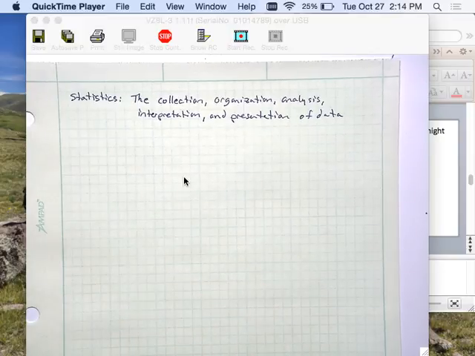So, collecting data is often the straightforward part, right? You go into a lab, maybe you have to set up a complicated thing, or maybe it's pretty easy to get data. If you're taking temperature data, pretty straightforward. The difficult part is how do you find a story and tell a story about that data?